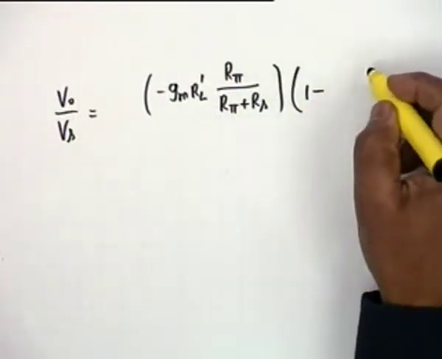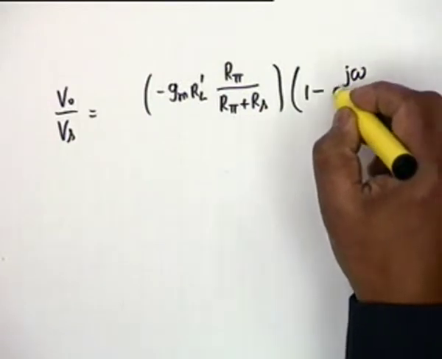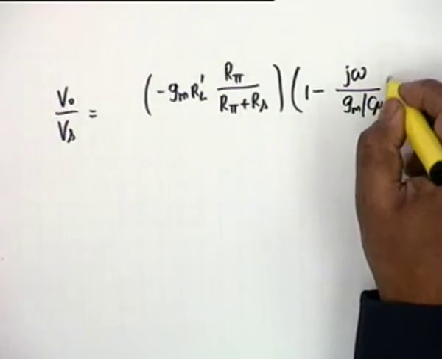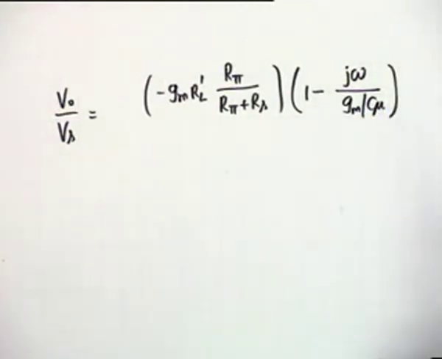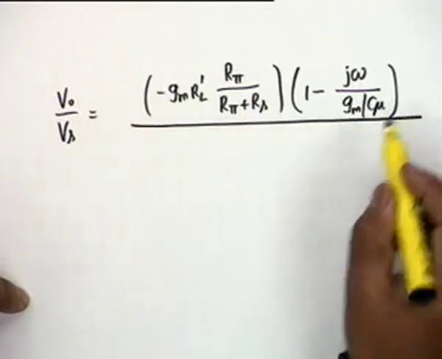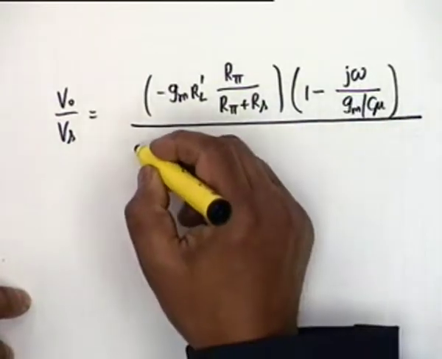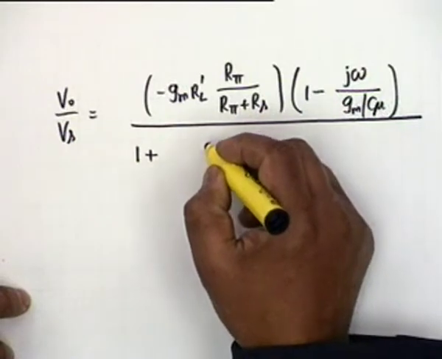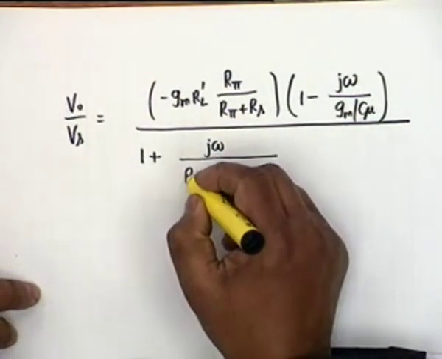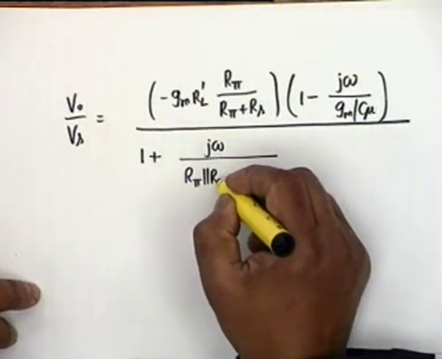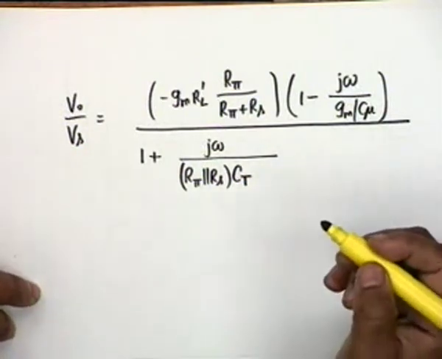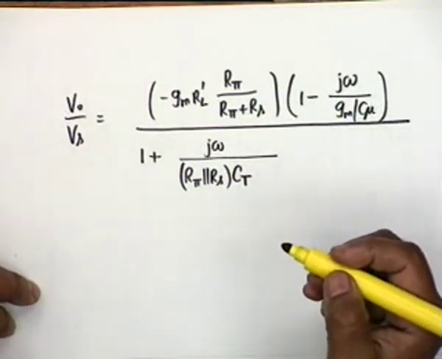Then we have 1 minus, as we had found out, j omega divided by gm by C mu. This was omega 3, and divided by, now here comes the difference, 1 plus j omega divided by, what I get here is R pi parallel RS times CT.